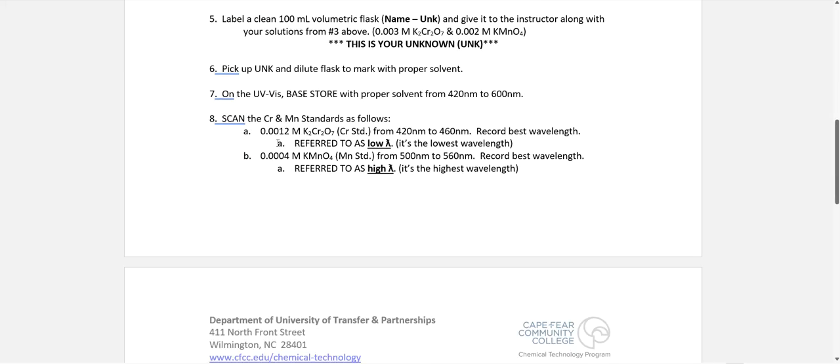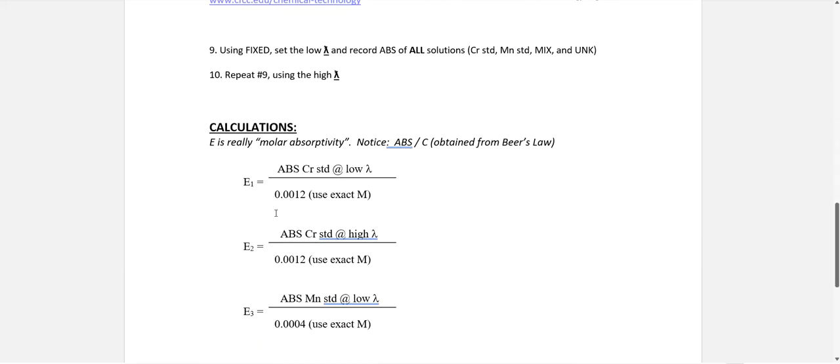Number seven, we baseline stored everything from 420 to 600. Number eight, we scanned our chrome and our manganese to get the lambda maxes. Finally, on the second sheet, number nine, we ran our chromium standard, the manganese standard, a mix that you made, and a mix that I made on the UV. And now we have to calculate the concentrations of each one.